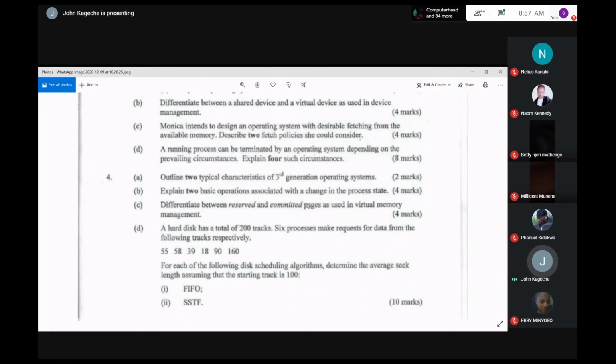Reserved pages are a set of contiguous pages within the virtual memory that are set aside for a particular process. That is the difference between committed and reserved.